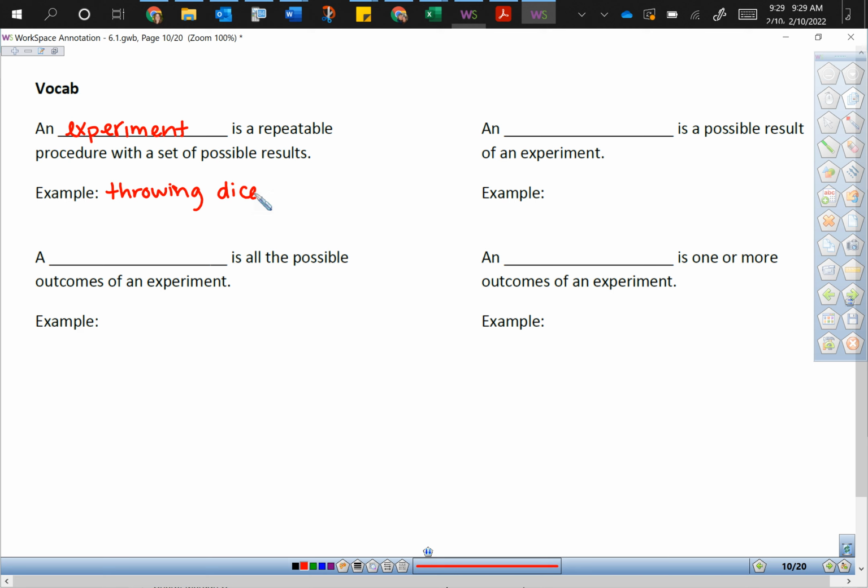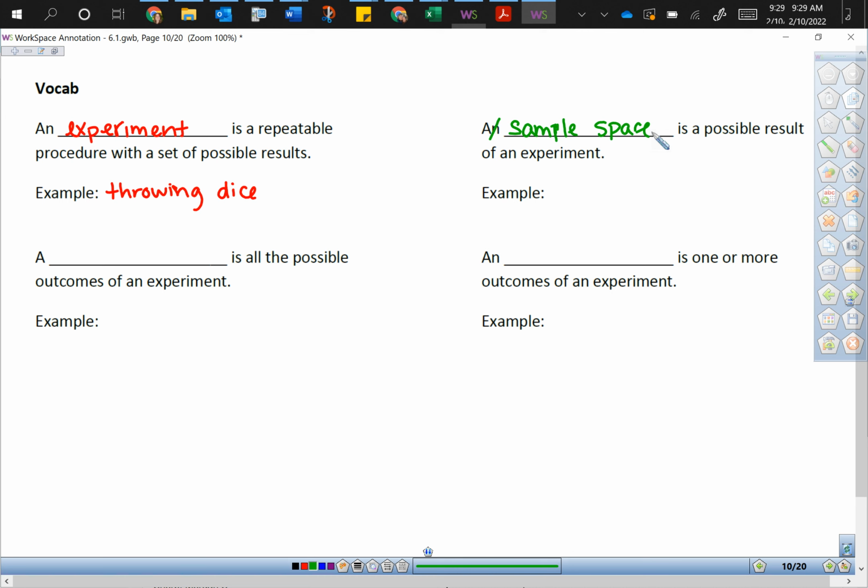Okay? The next thing we're going to talk about, a sample space. A sample space is a possible result of an experiment.